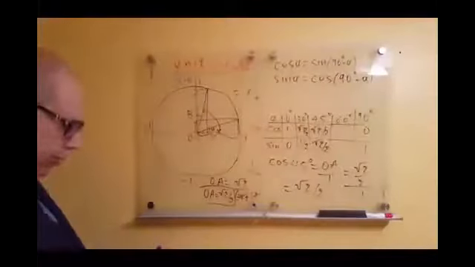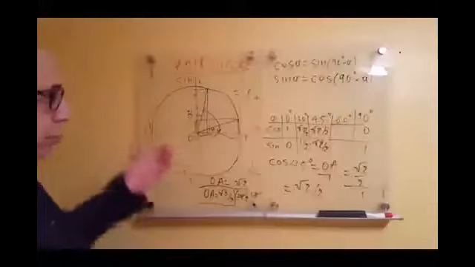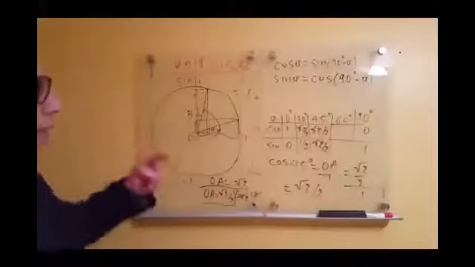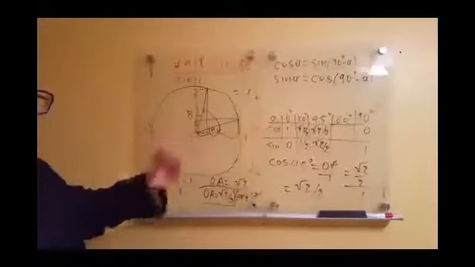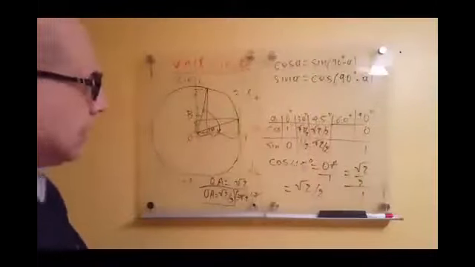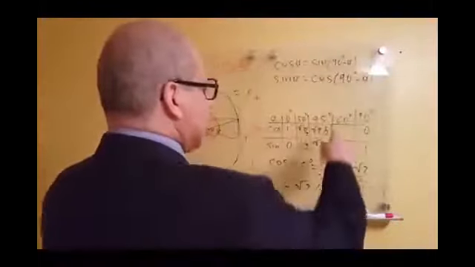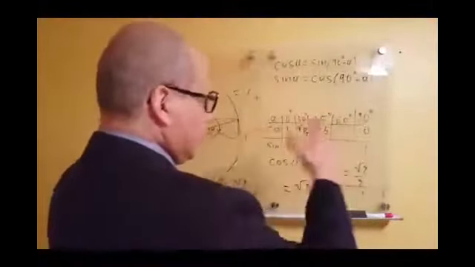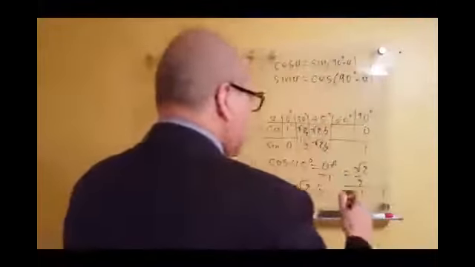So what have we? Here we see that angles that sum up to 90 degrees interchange cos and sine. So since 60 and 30 sum up to 90 degrees, they have to interchange cos and sine.